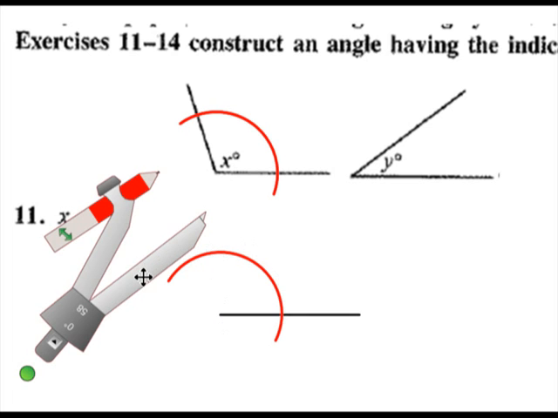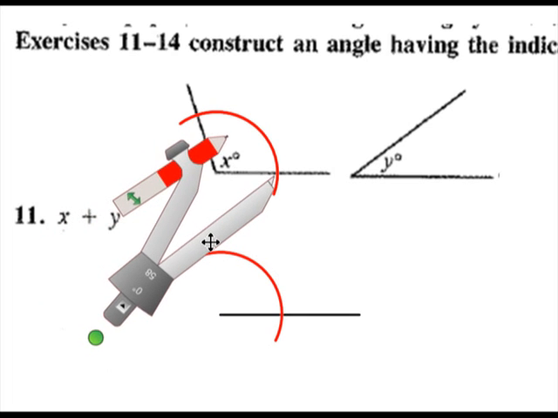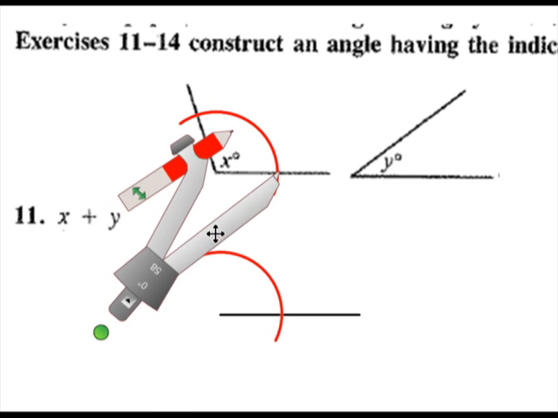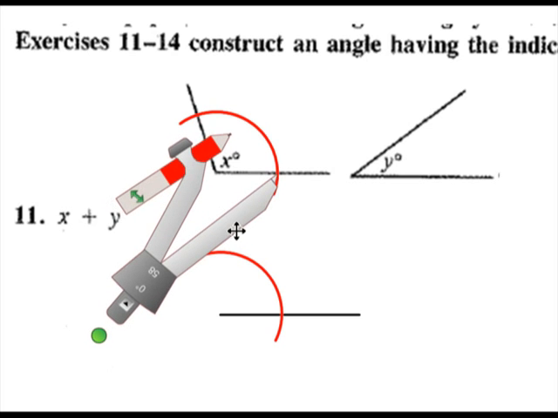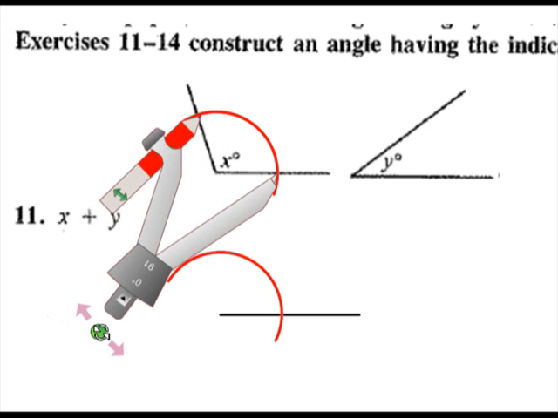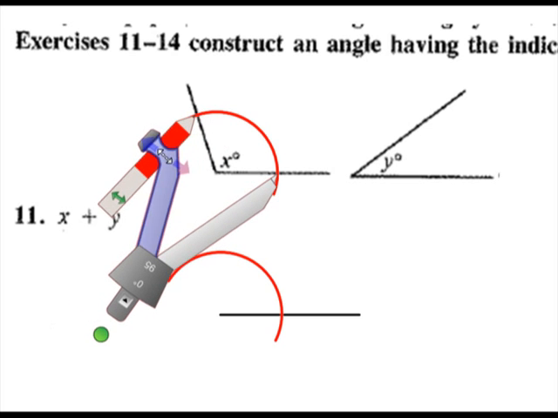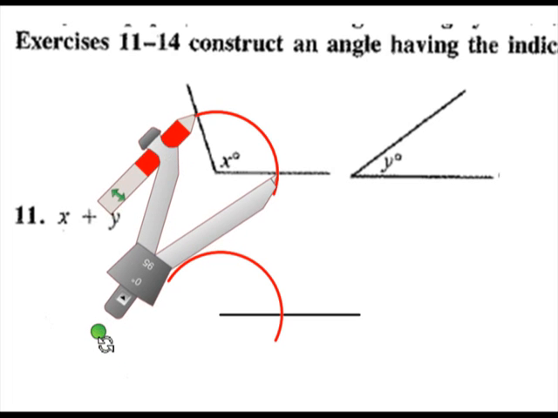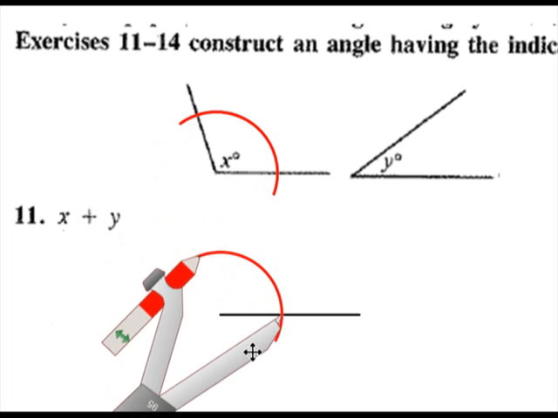And the way we're going to find it is to go to the known point, put my center on the known point right there, that intersection, and I'm going to open up my compass to measure the distance between those two. And again, just going to mimic that on the new angle. So just put my center on, see those two correspond, right? That intersection and that intersection kind of go together.